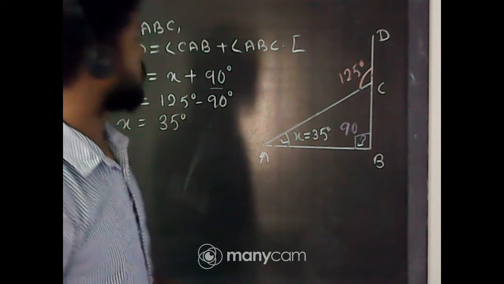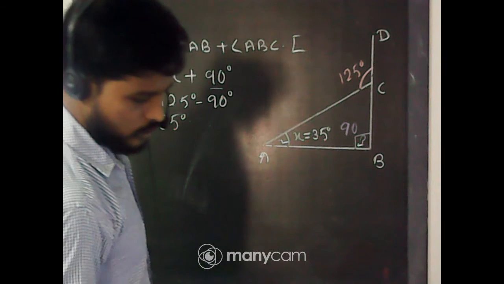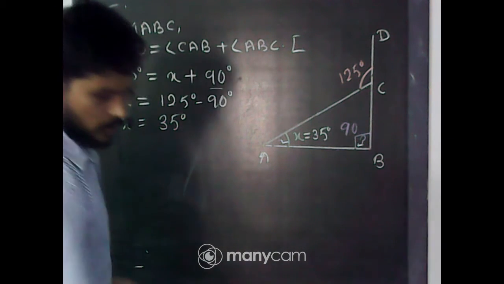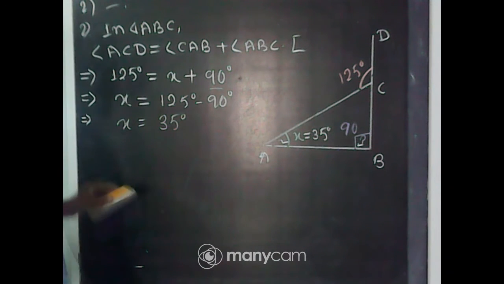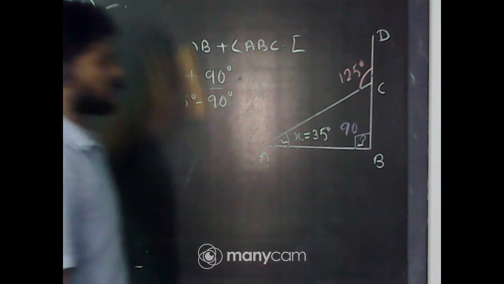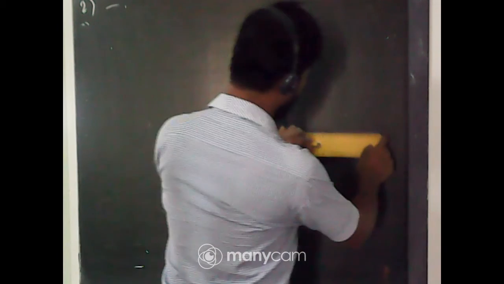Okay, now we'll solve the next question, question number 4. Draw the diagram. Here one triangle is given like this.